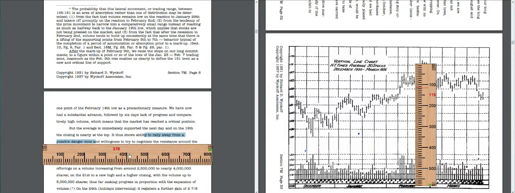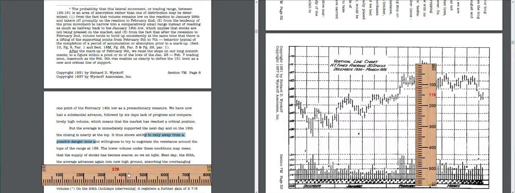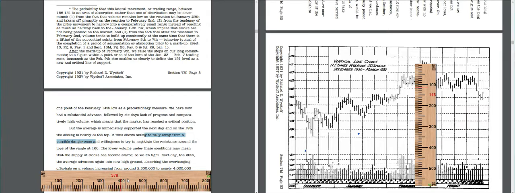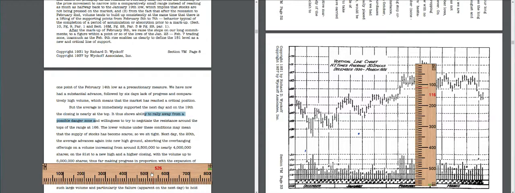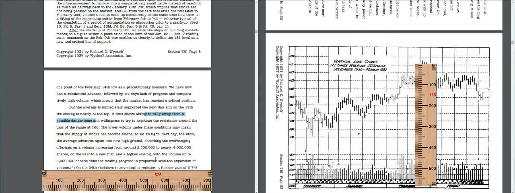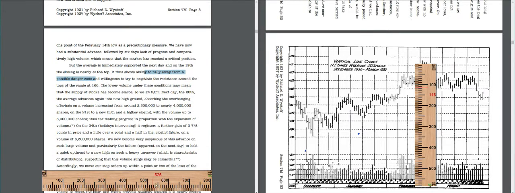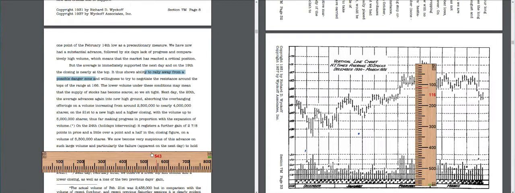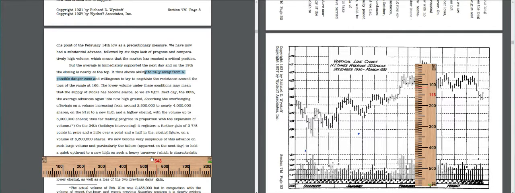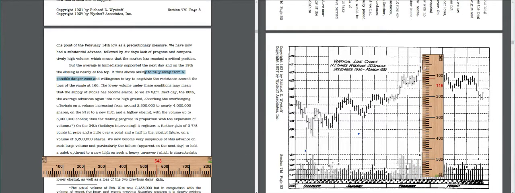So it rallied away. Alright, so here's now, it goes ding ding ding ding bang right up there.